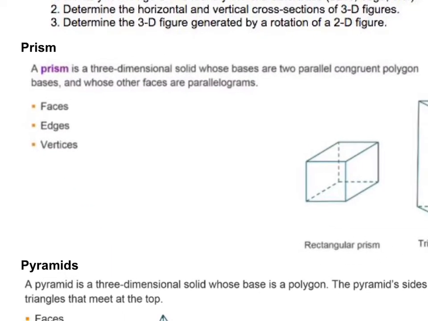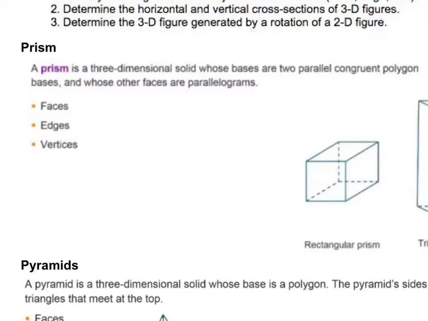All right, so a prism is a three-dimensional solid whose bases are two parallel congruent polygon bases and whose other faces are parallelograms. Yuck. Okay, so basically, you have this idea of a base.